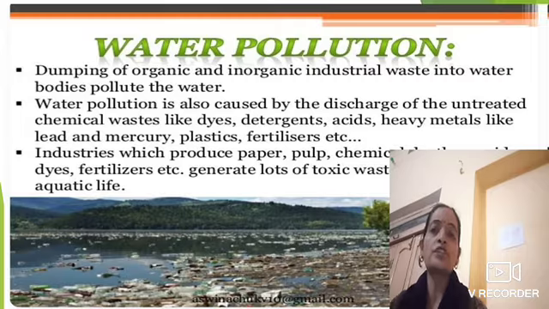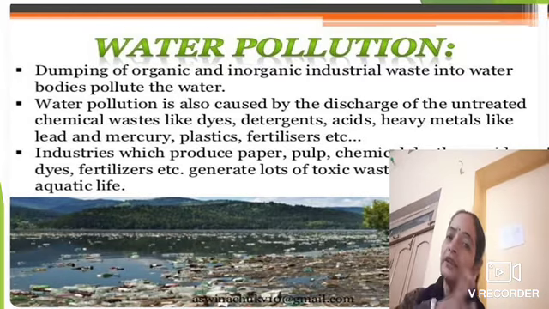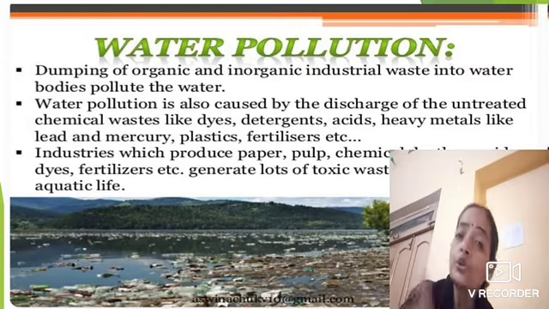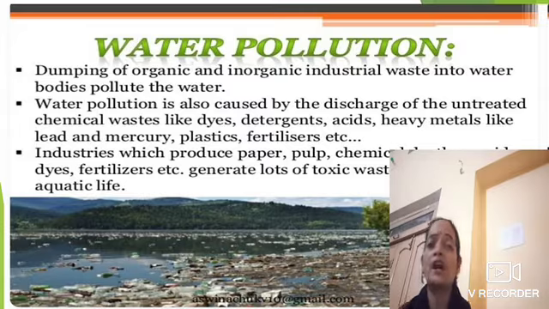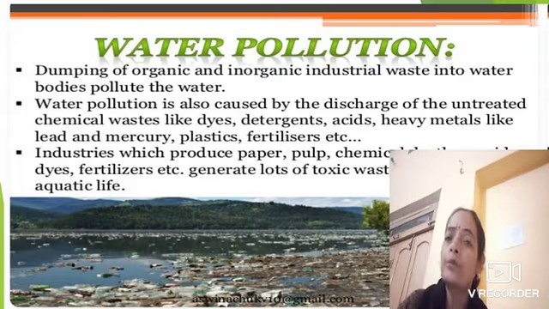Water pollution is also caused by the discharge of untreated waste materials and chemical waste. As we have studied, chemical industries give us a lot of development, but due to those industries, chemical waste is discharged into water bodies and the water is polluted.